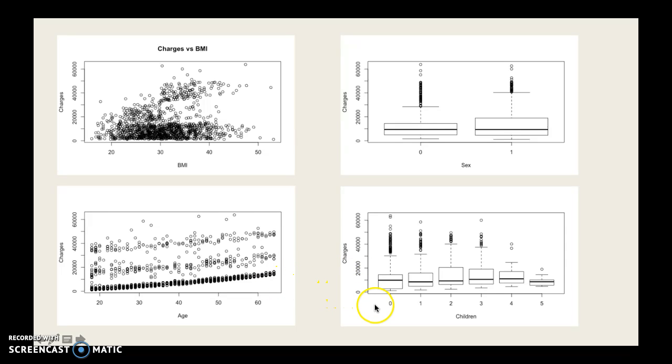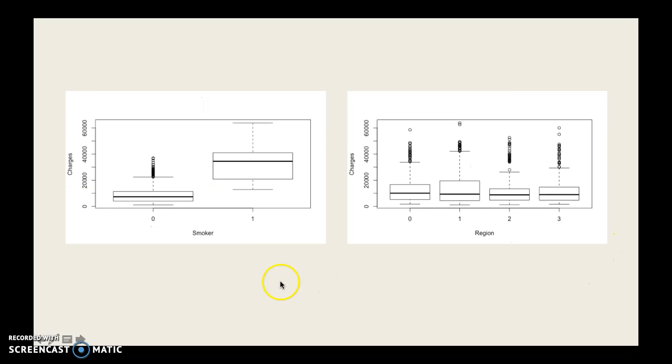Here we've got cost by number of children, and it does look like the cost is potentially lower for someone with more children, which is interesting. This is what you'd expect: it's much higher for a smoker on the right here than a non-smoker, and again by region there's not all that much difference.